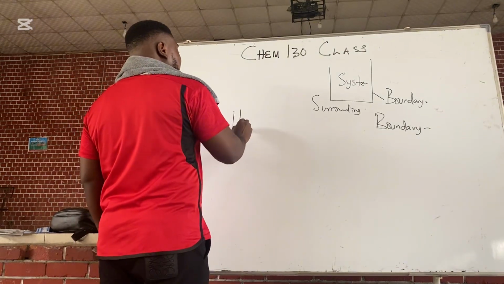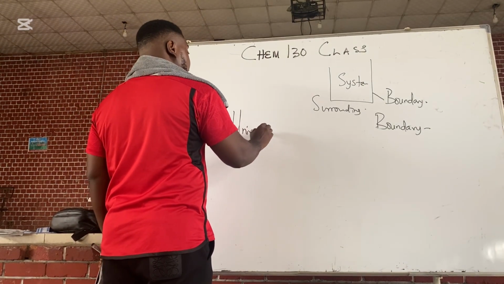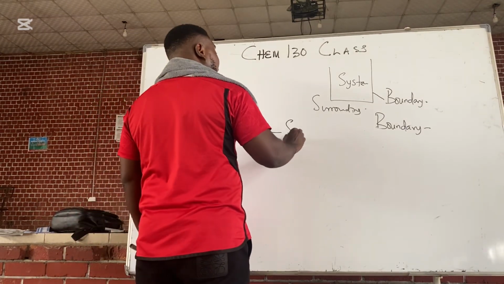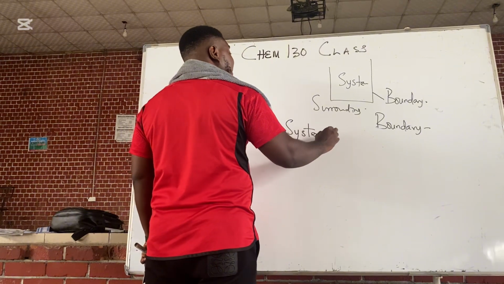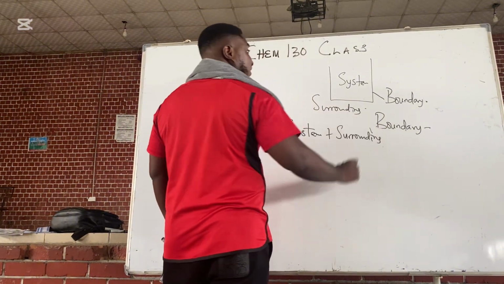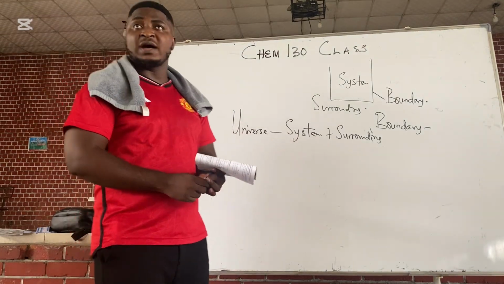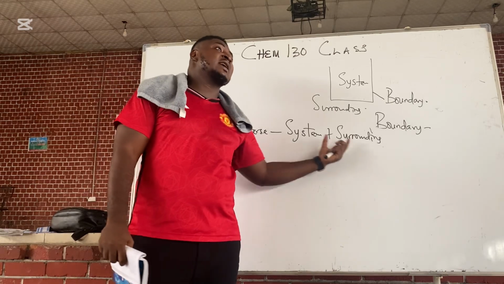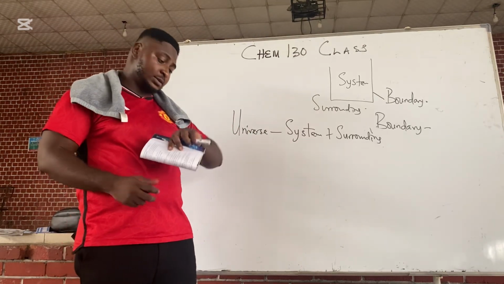Now, the universe. What's the universe? The universe constitutes the system and the surrounding. Class, system plus surrounding makes up the universe. The union of the system and the surrounding makes up the whole universe.